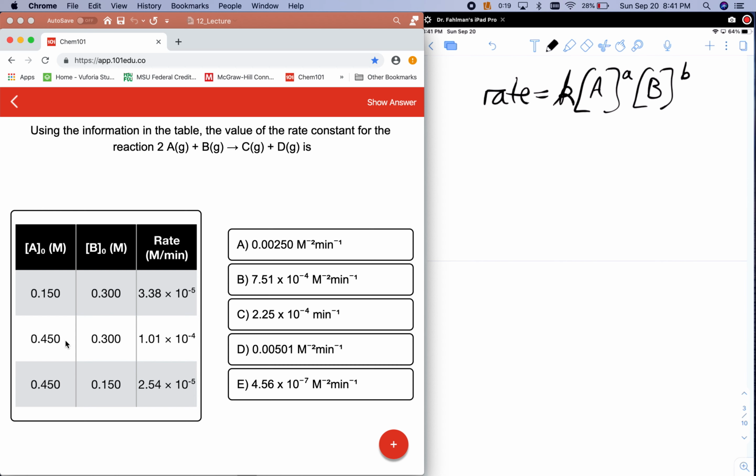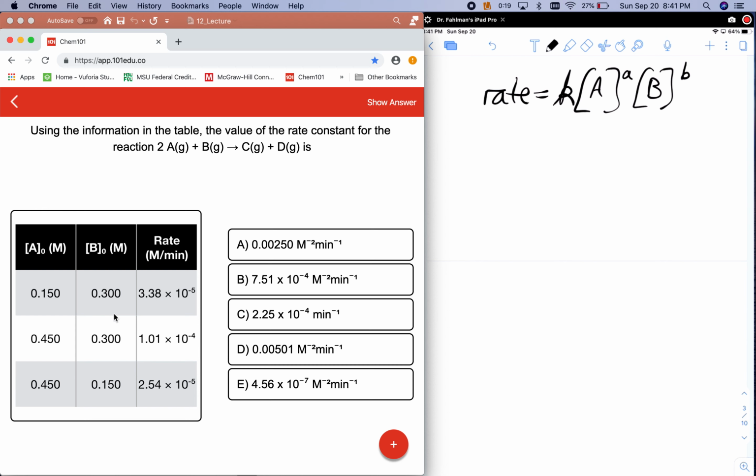If you do 0.450 divided by 0.150, we get 3. So this has gone up by a factor of 3. And then if we do this divided by this, so that's 1.01 times 10 to the negative 4, divided by 3.38 times 10 to the negative 5, that gives you 2.988, so pretty close to 3 as well.